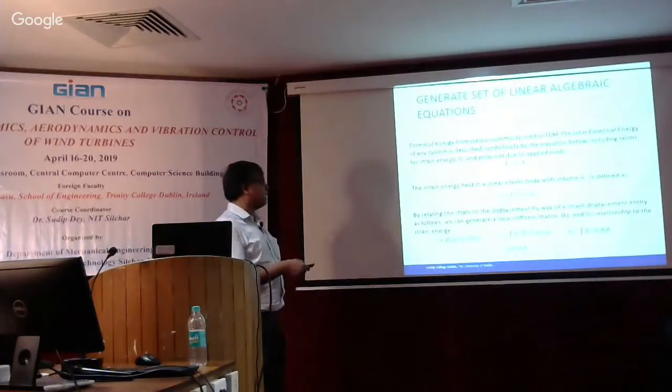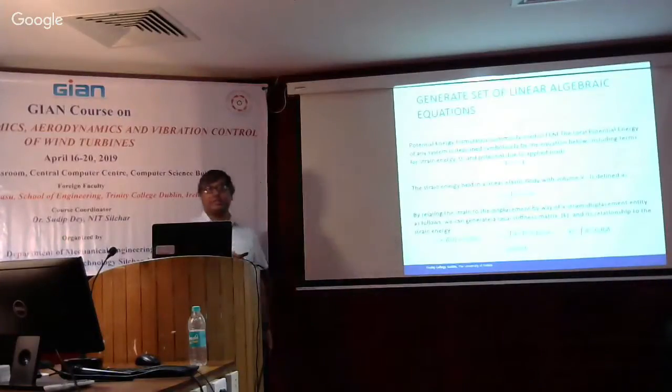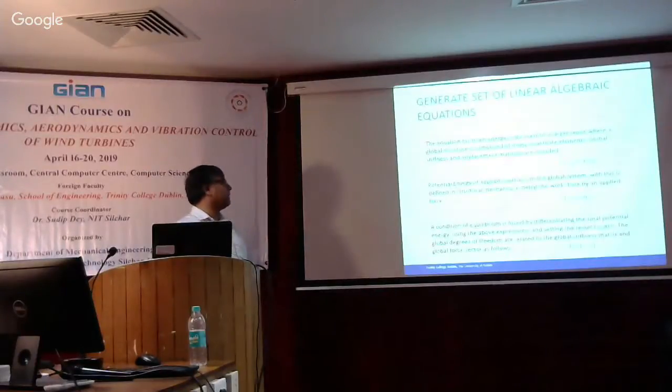So from here you can get the local stiffness matrix. Once you have the strain-displacement matrix, the B matrix, you can then use this in your potential energy formulation, or the variation of this, or you can also use virtual work and then eventually get the stiffness matrices.